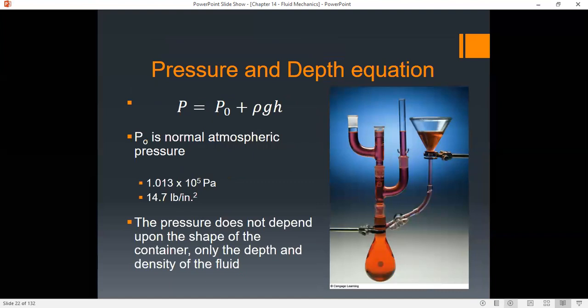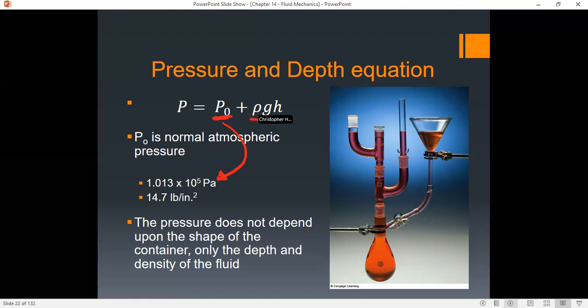Now here's our equation for pressure as a function of depth. Now this P naught term is the atmospheric pressure acting on a fluid. But the total pressure that a fluid will exert or experience is equal to the density of the fluid.